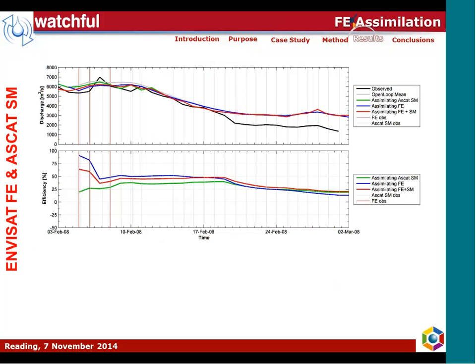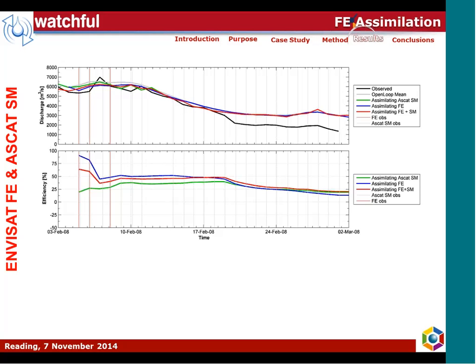Again, we could see on the lower graph that you have an improvement up to 75% with respect to the open loop. But in this case, this is not very telling because the open loop was already very close to the observed discharge. So it is a little bit misleading to think that the improvement is that high.